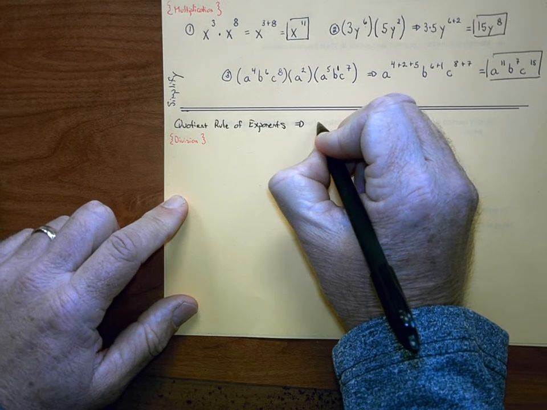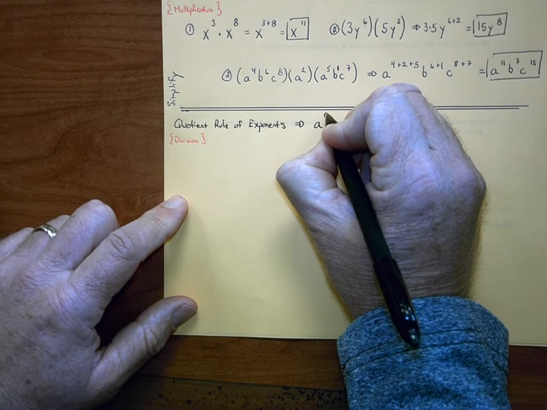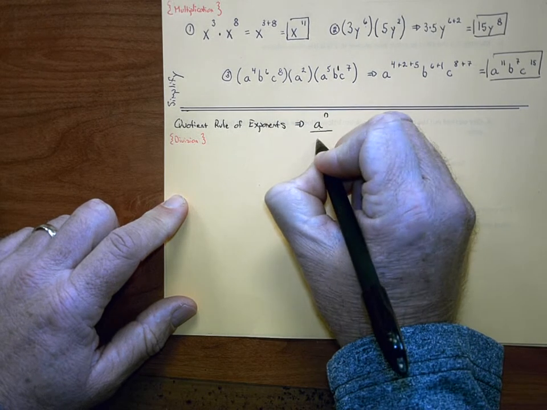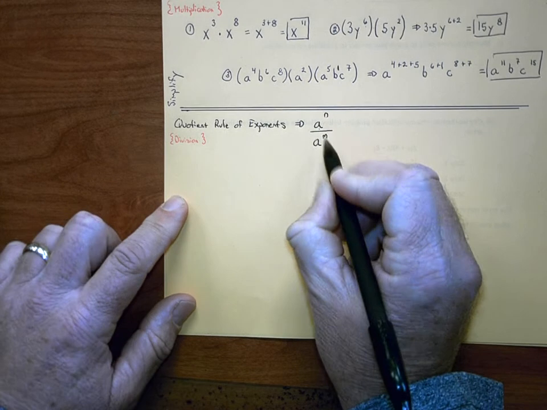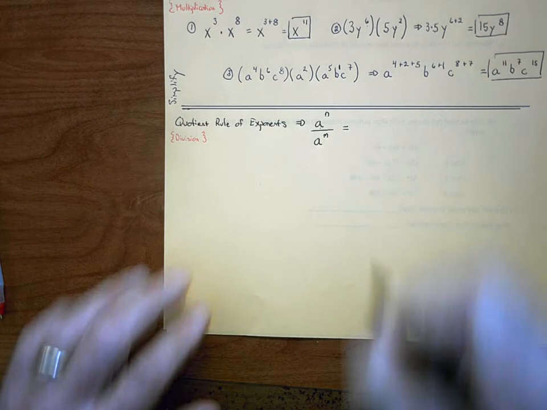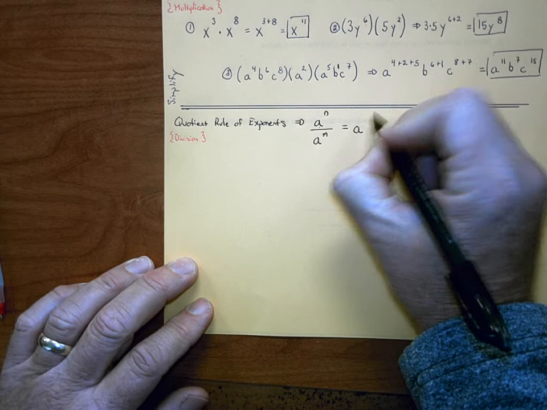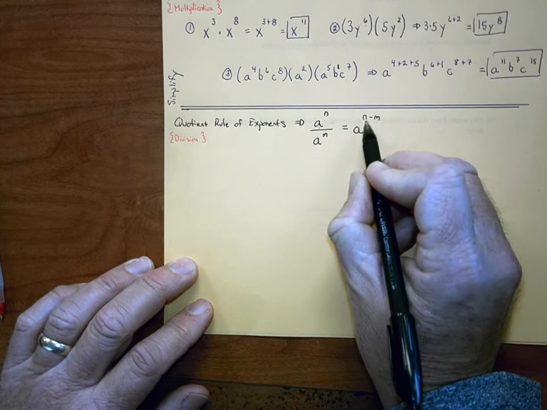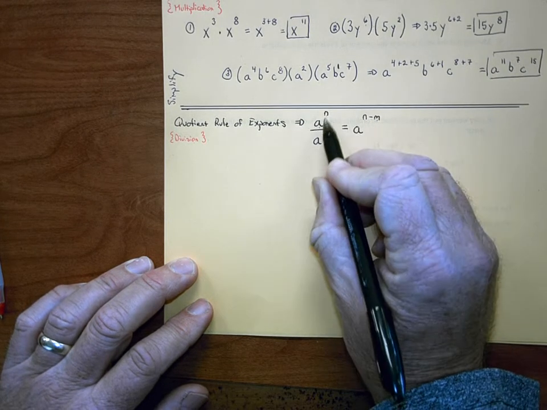It says that if you have a base with an exponent, so once again, our base is a, our exponent is n, and if you are dividing that by another exponent that has the same base, well, notice both of these exponents have a base of a, the quotient rule says, to simplify this problem, you merge the two bases together as one base, a, and then you subtract the exponents, and it's always the denominator exponent, the m, subtracted from the numerator exponent.